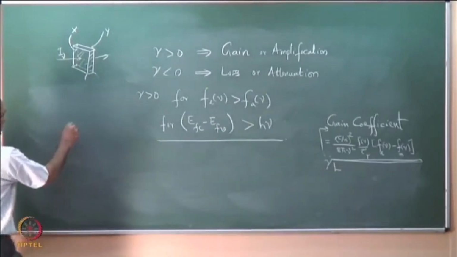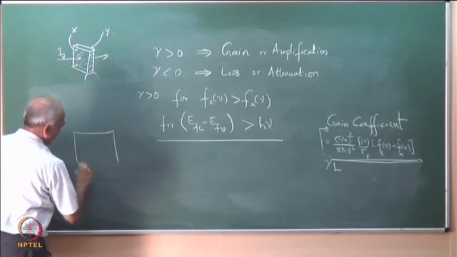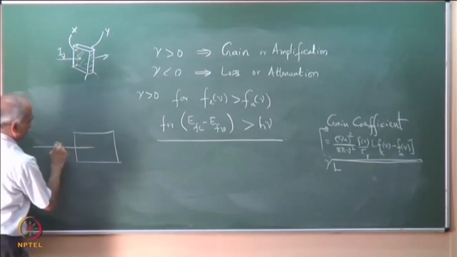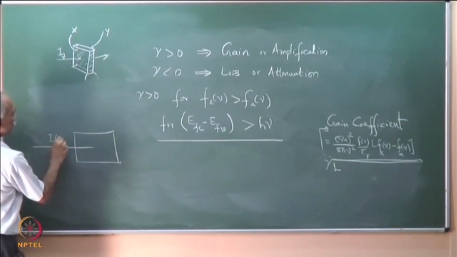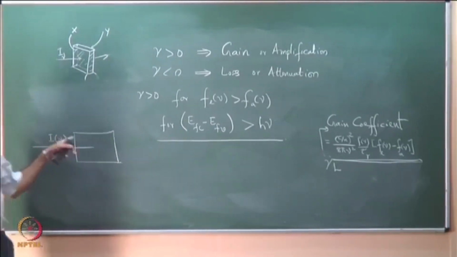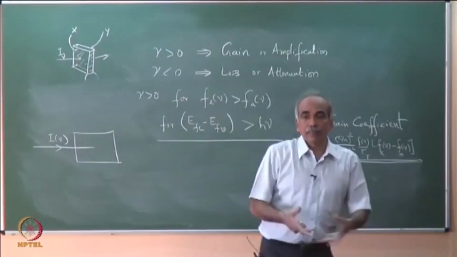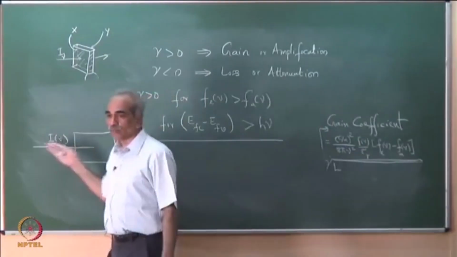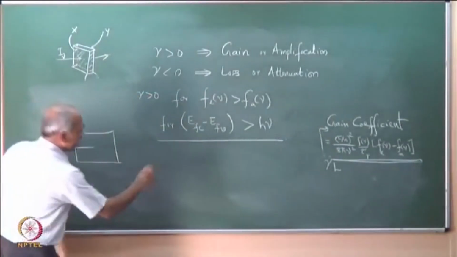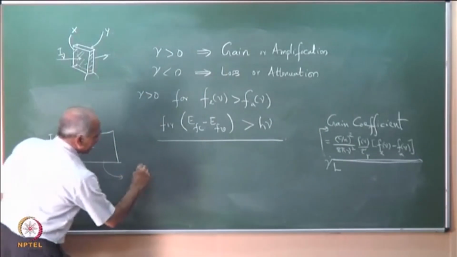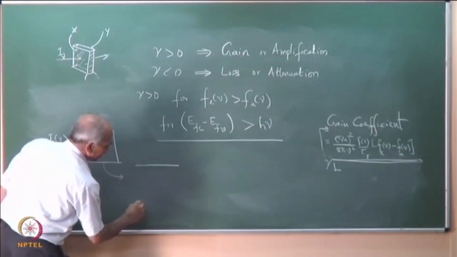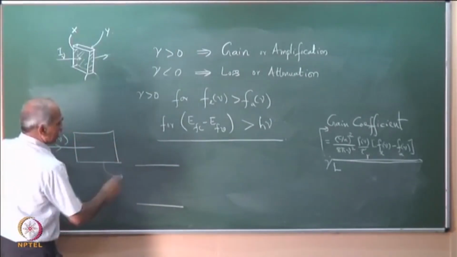So, if you have a semiconductor here and light of radiation I of nu, and if that radiation contains a spectrum of frequencies, and if the material here is characterized by a band gap like this, energy band diagram I am showing.